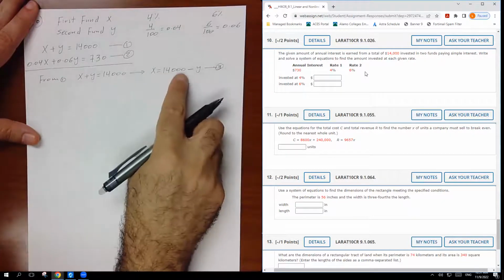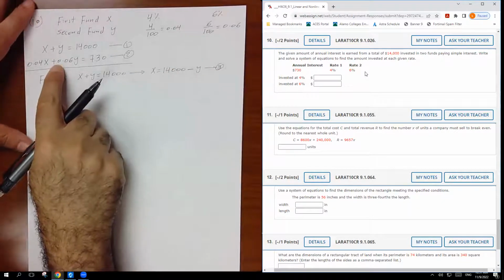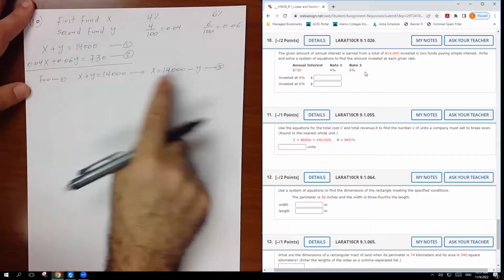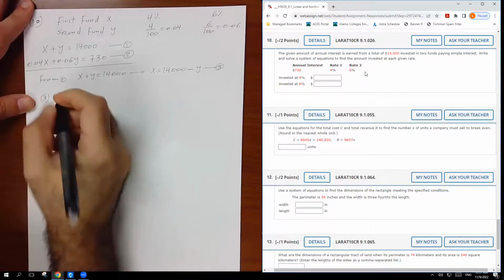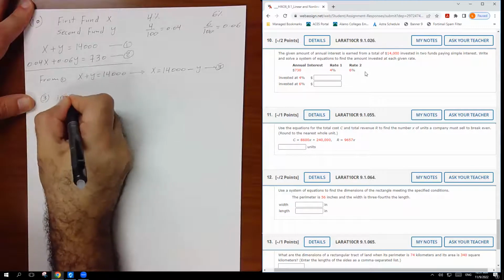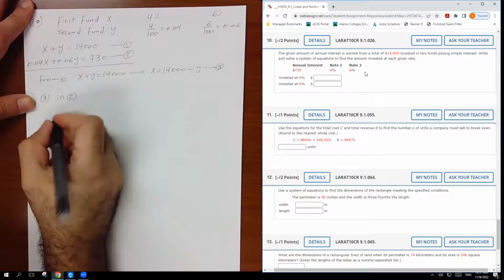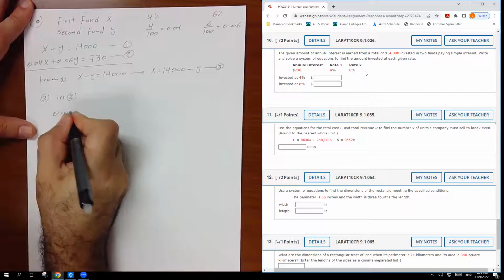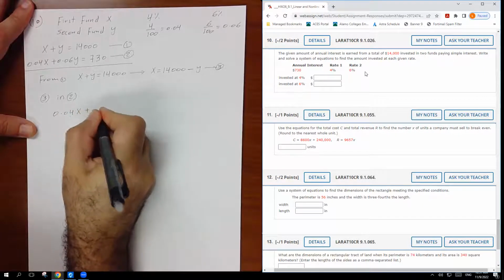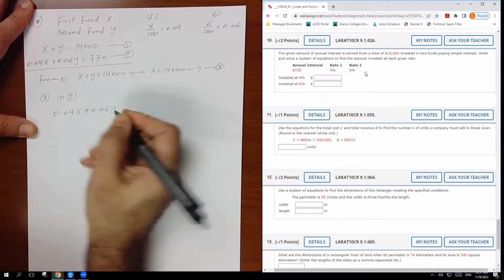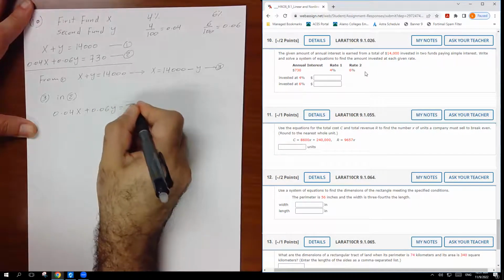Now plug in 3 in 2. That means I'm going to plug in 3 and 2. So 0.04X plus 0.06Y is going to be equal 730.